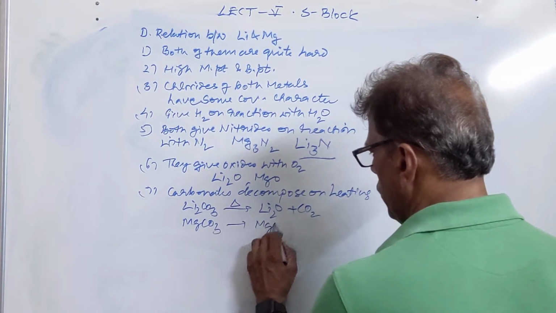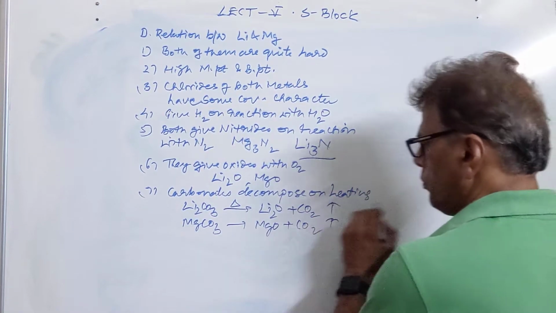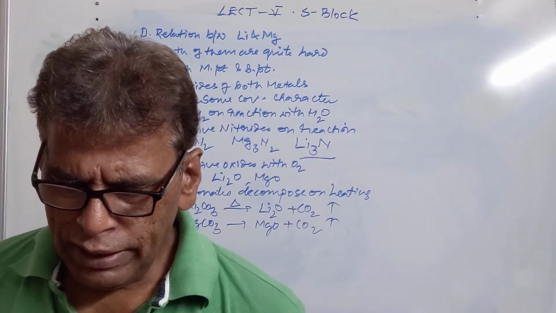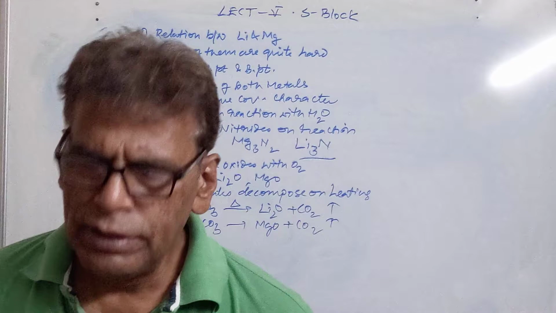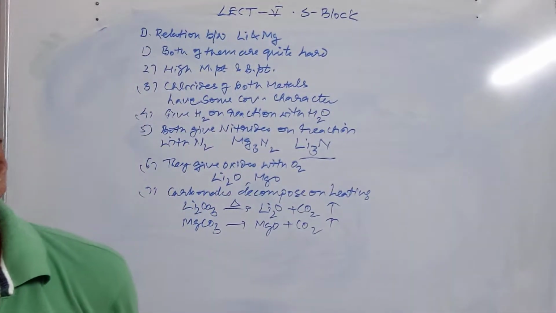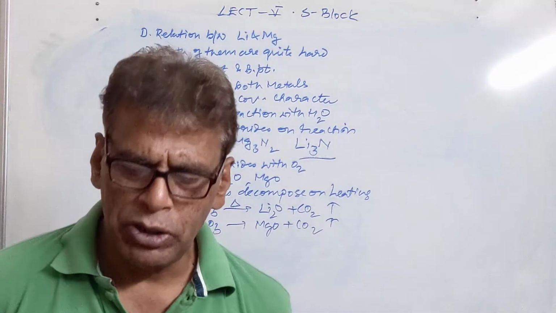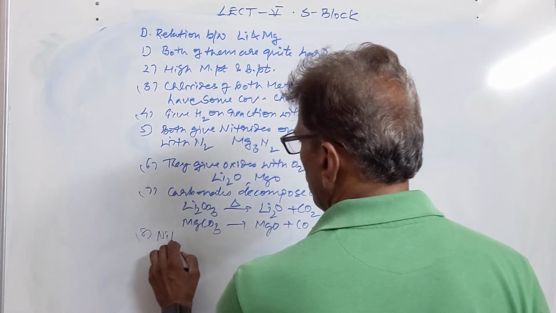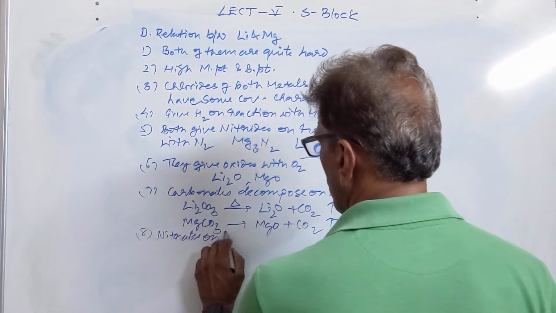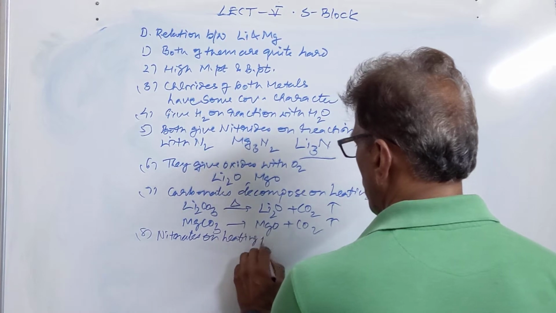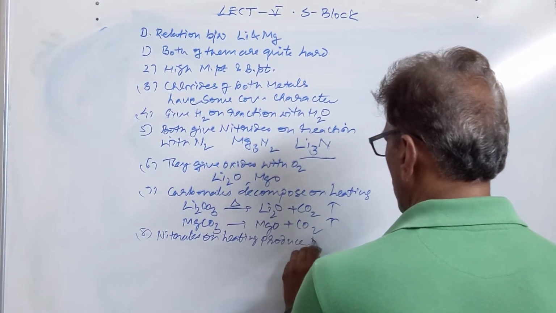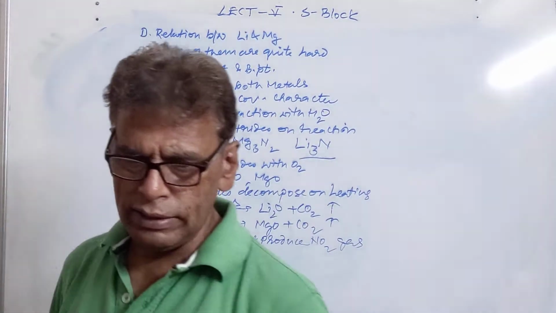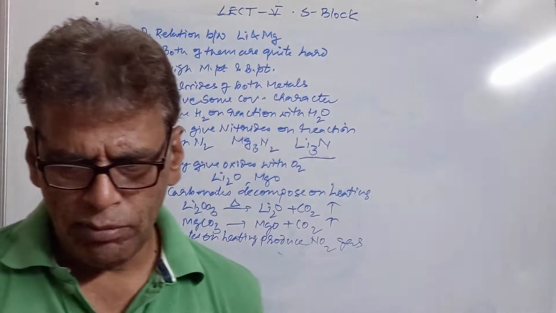MgCO3 decomposes to give MgO plus CO2. Nitrates of these elements also decompose on heating; nitrates on decomposition produce NO2 gas. So this is the diagonal relationship between lithium and magnesium.